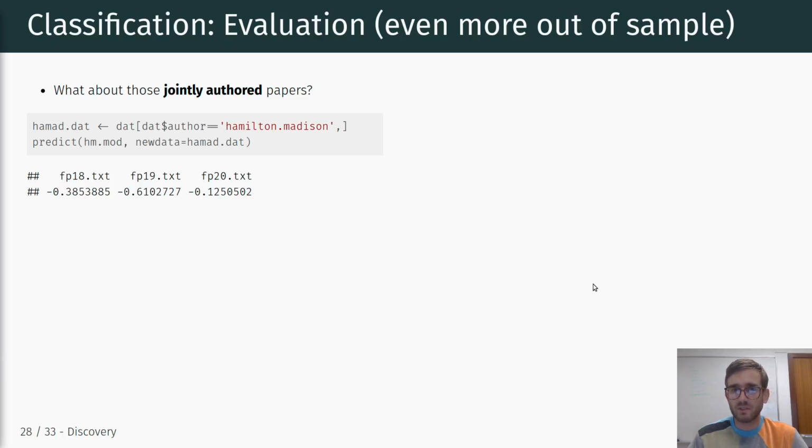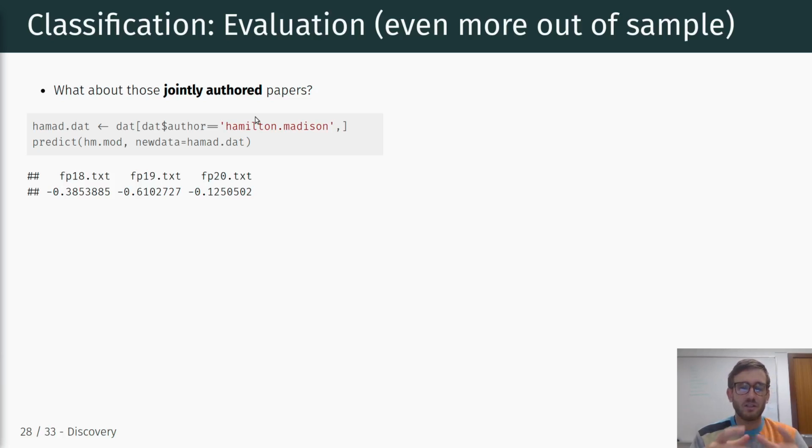One thing we can look at is the jointly authored papers rather than just the contested papers. They were written by Hamilton and Madison, and here the argument could be, if those were jointly authored, all of you who have worked on collaborations in your class papers know that there is not always a perfect balance in how much each collaborator contributes.